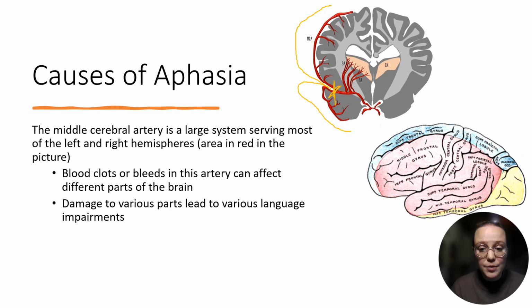Now, it doesn't always have to be a clot. It can also be a bleed, which I'll mention on the next slide. And they both cause considerable damage, and that depends on where the damage happens, so where the clot gets stuck or where the bleed occurs.